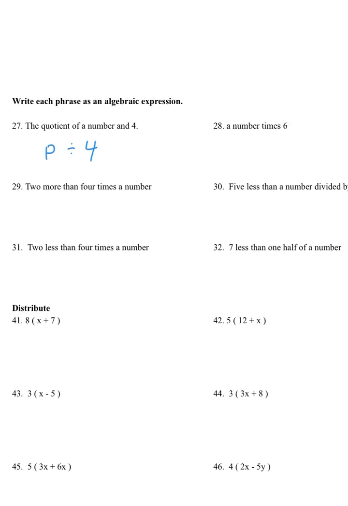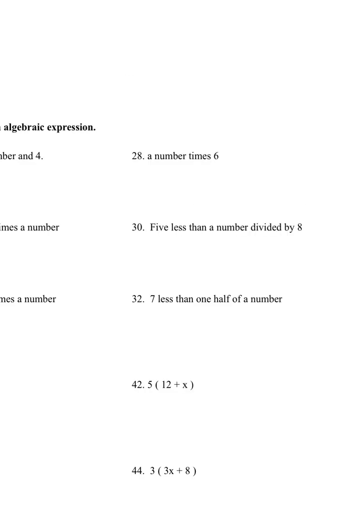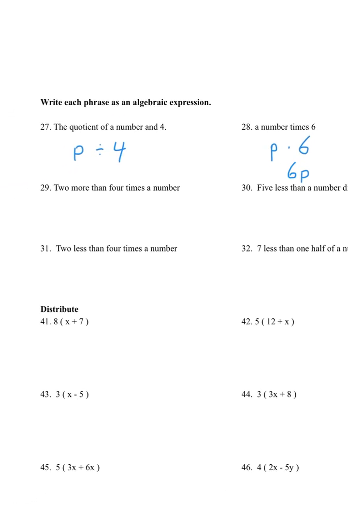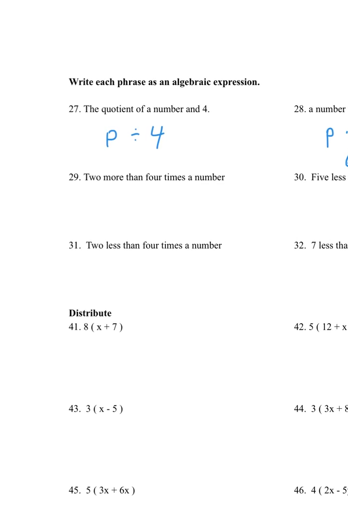Looking at 28, we're looking at a number times 6. We do not know what the number is, so we'll use our variable, which is p, and we will multiply it times 6. Another way to show this would be by writing 6p. Number 29, we're looking at 2 more than 4 times a number.